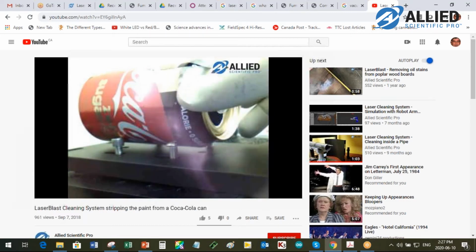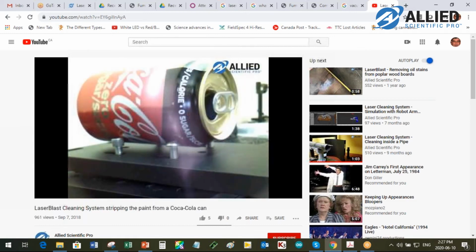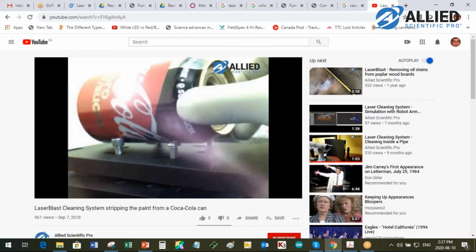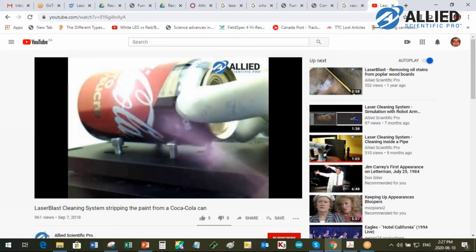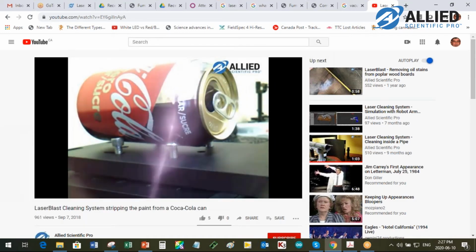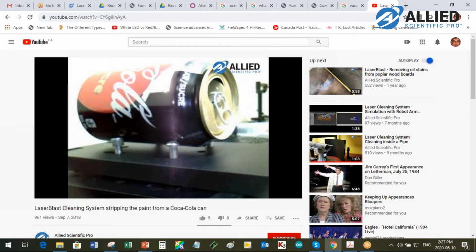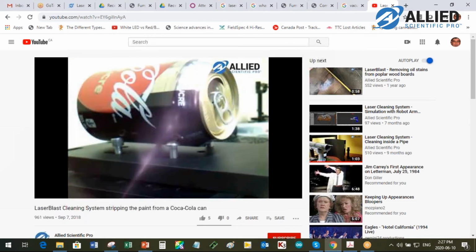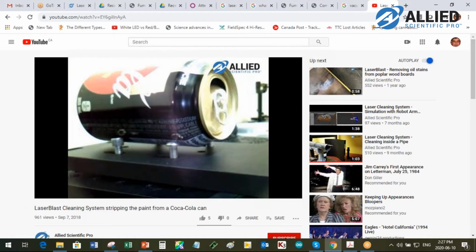So one question that someone asked in a previous webinar is, is it possible to remove the red paint and not the black paint? The answer to that question is no, because if you tune the laser to remove the red paint, its absorption will be more than the black paint as well, so it will remove the black paint.